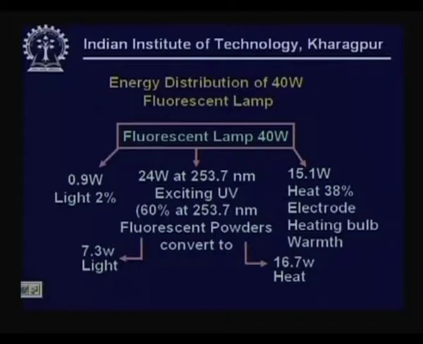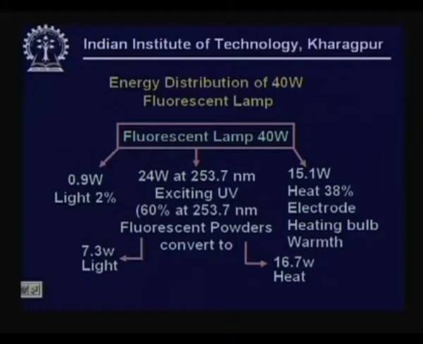Now, if you look at the fluorescent lamp, out of the 40 watts that is got in, by virtue of thermal, because we have hot cathodes, there is an initial light only about 2%, but around 24 watts is used in exciting the ultraviolet radiation.